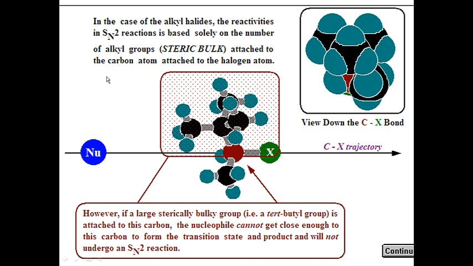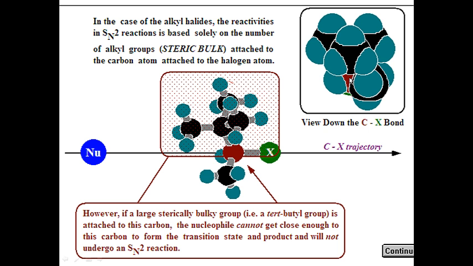Now, it is possible for some secondaries to not undergo SN2. Like if I put a tertiary butyl group here around this carbon that's got a methyl and a hydrogen, so technically this carbon is secondary. But if this big tertiary butyl group's thrown in, you can actually see that the nucleophile is going to have a very difficult time getting to that carbon.